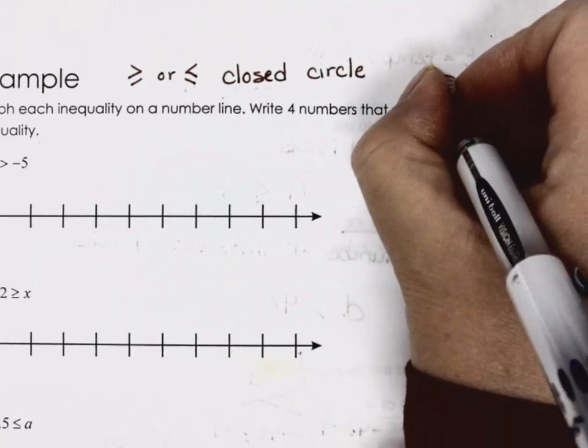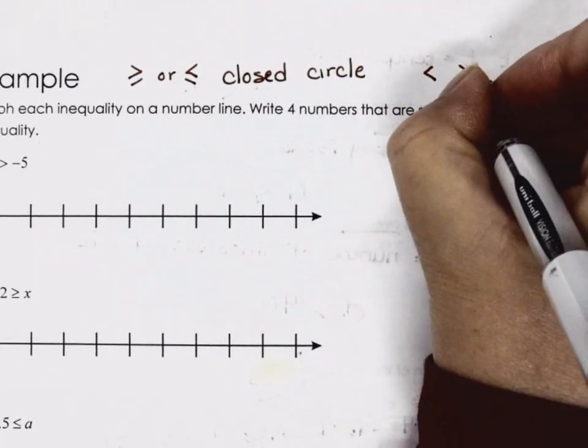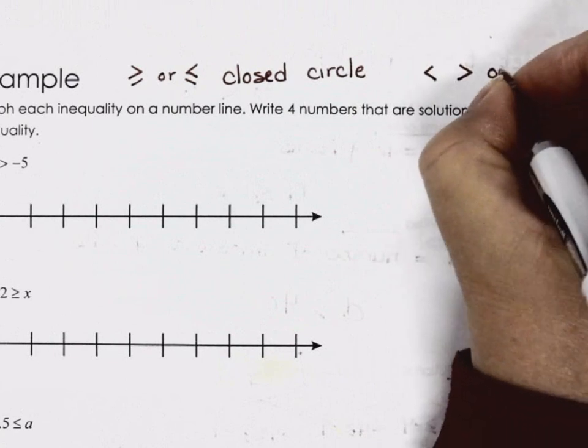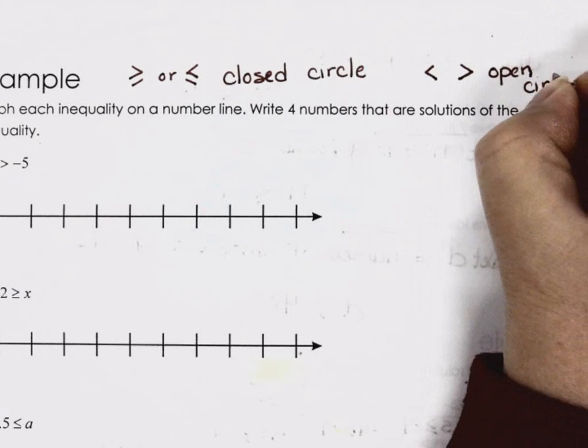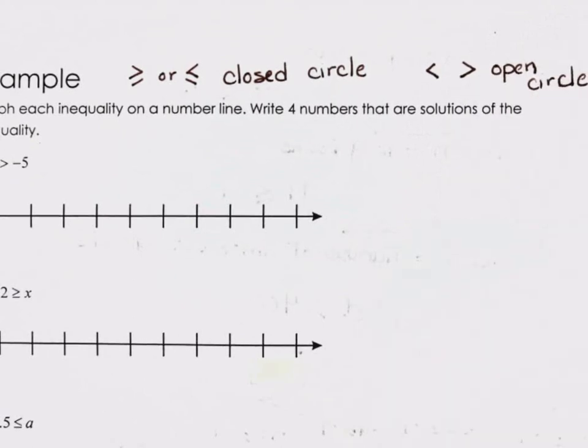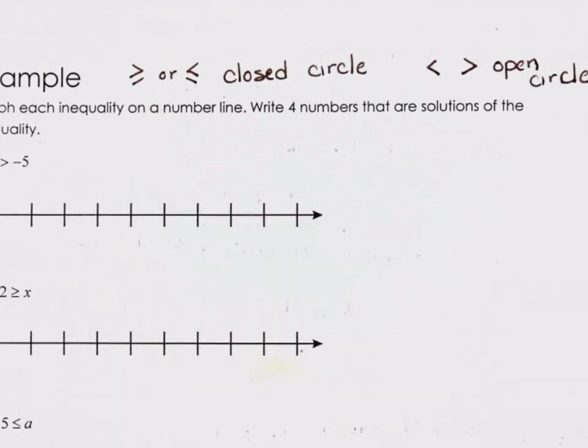If you use one of those, it's an open circle. And I'll explain that when I'm doing the first example. So you just need to know if it has an equal to sign, we're going to shade in the circle. And if it's open, then we don't shade in the circle.